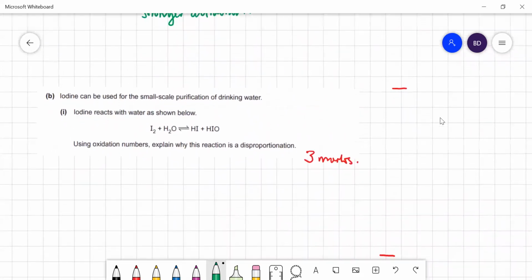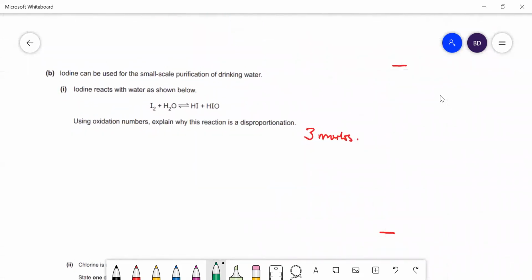Okay, iodine can be used for small-scale purification of drinking water. Iodine reaction shown below. Using oxidation numbers, explain why this is disproportionation. Okay, so the oxidation number of iodine in I2 is 0 because it's the uncombined element. Now the oxidation number of iodine in HI, well, that's got to be -1 because don't forget hydrogen always has an oxidation number of +1 in its compounds. And then what's the oxidation number of iodine in HIO? Well, I always use the fact that the sum of the oxidation numbers is equal to the charge on the species.